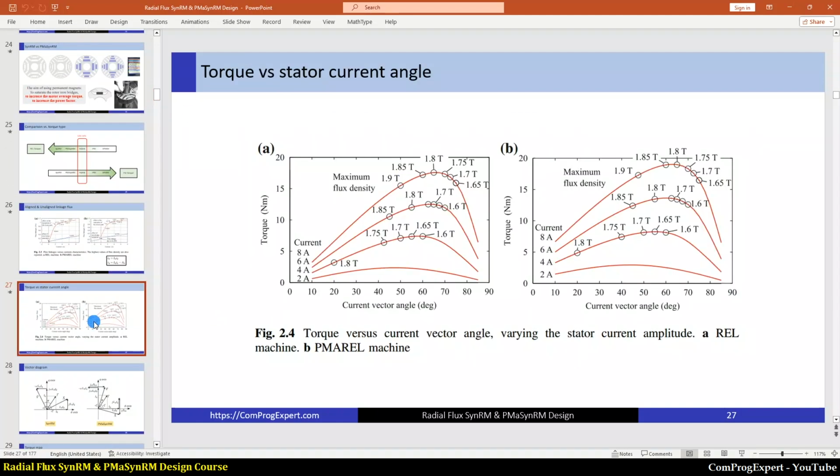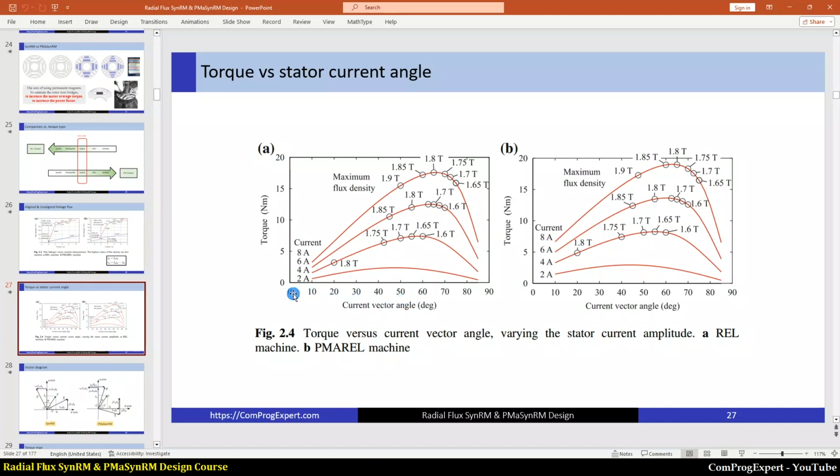So the next important graph is the static torque curve. The static torque curve is important in synchronous motors, and that is the total developed electric torque versus the current angle. Here in this graph, you can see the static torque curve for the synchronous reluctance motor.